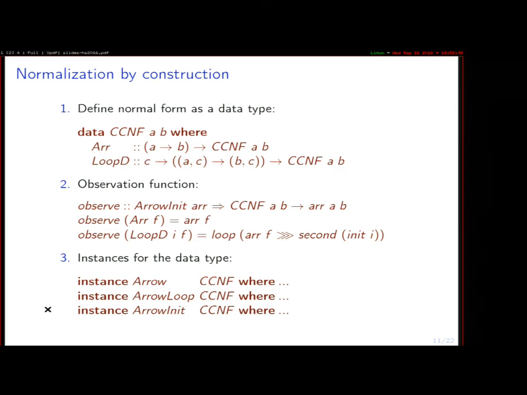With this, we have an implementation of the normal form, and we have a way to instantiate any of your generic arrows into CCNF, and then we can turn it back to give you a generic arrow that's in the normal form.